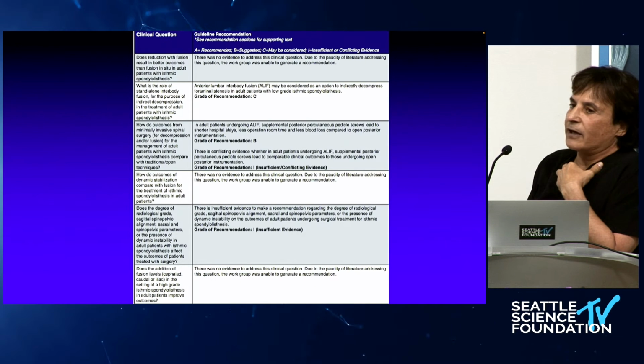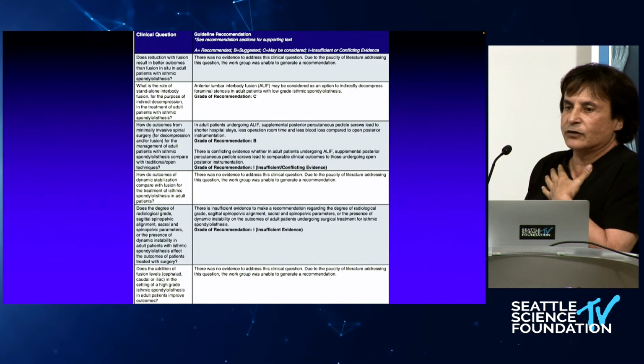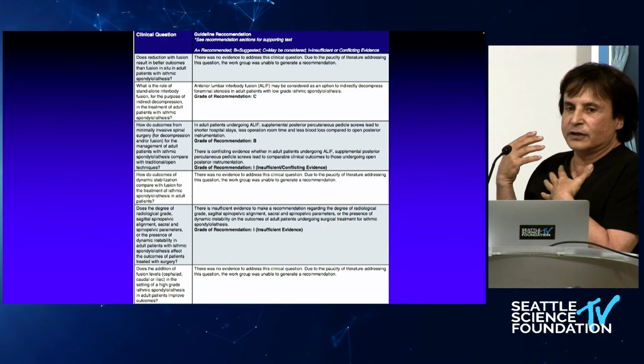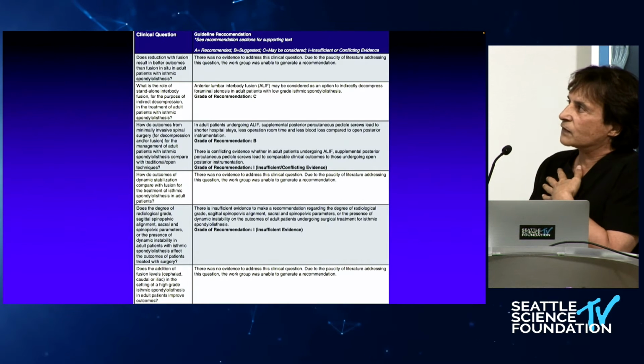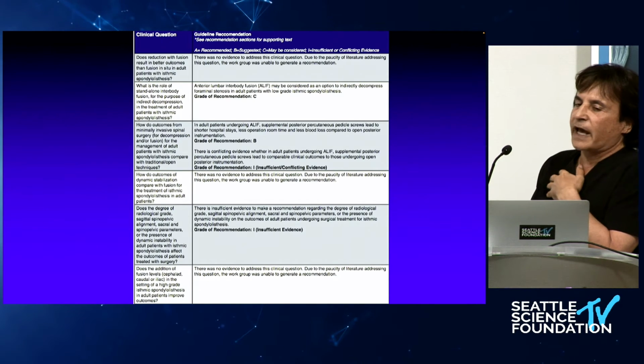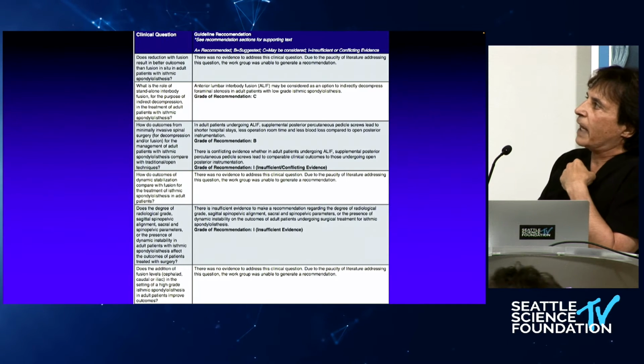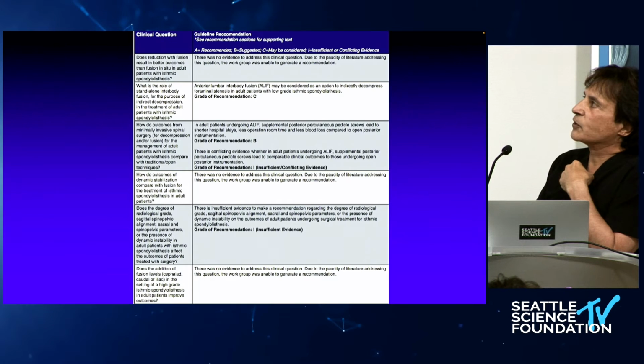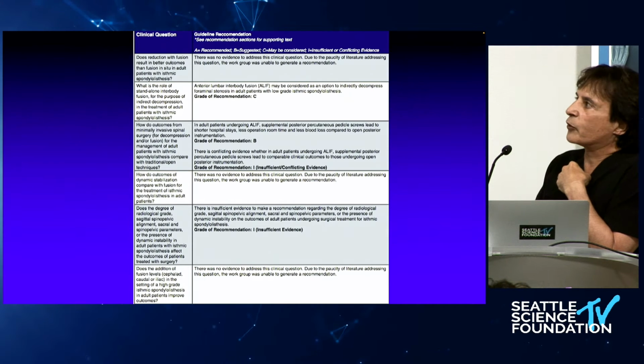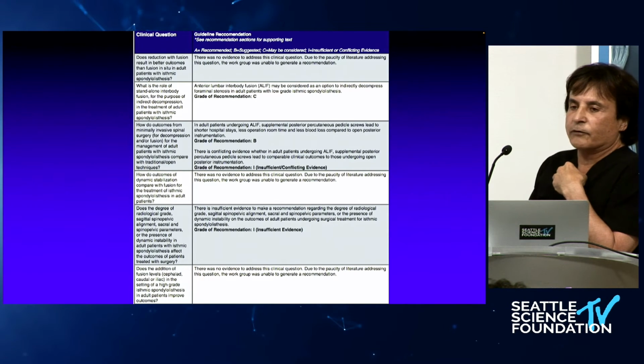And what is the role of standalone? Something that I like to use, especially in degenerative spondylolisthesis, it's not part of this talk. So when can you use it standalone? In low grade, grade 1 or less, it may be considered as an option to indirectly decompress the foramen.